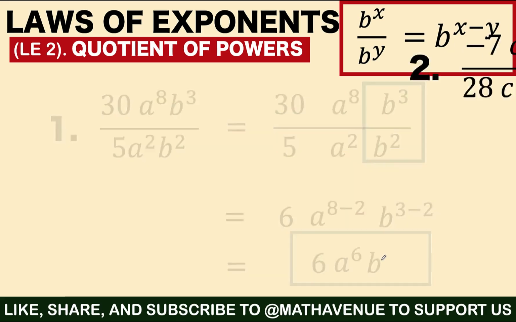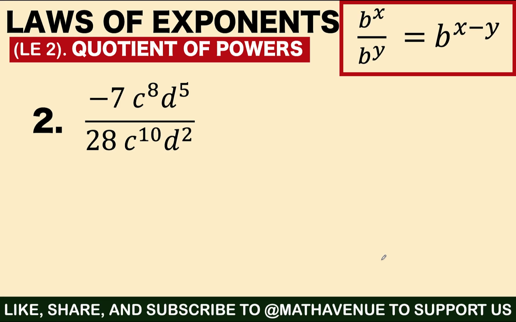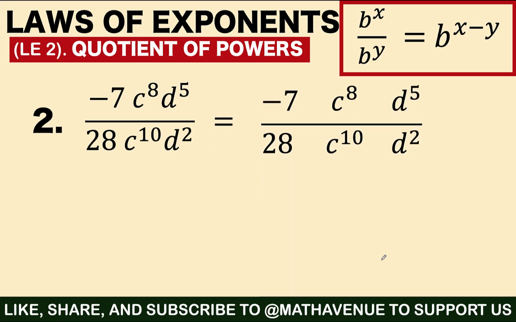Let's have another example. Negative 7 c to the 8 d to the 5th divided by 28 c to the 10th d squared. Again, the first step is to line up all the numerical coefficients, line up those factors with the same variables. And then negative 7 divided by 28 is negative 1/4.